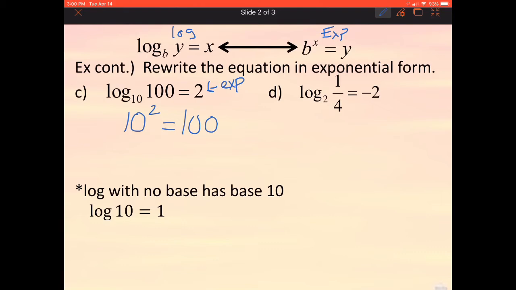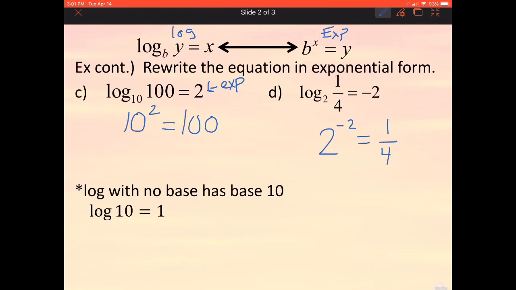And our last one of this type, find our base. Our base is 2, so 2 to the negative 2 power equals 1/4. If we remember our rules for exponents, negative exponents move to the bottom, so it'd be 1 over 2 to the second, and that is 1 over 4. So again, we know that really is a true statement. We know we are correct.